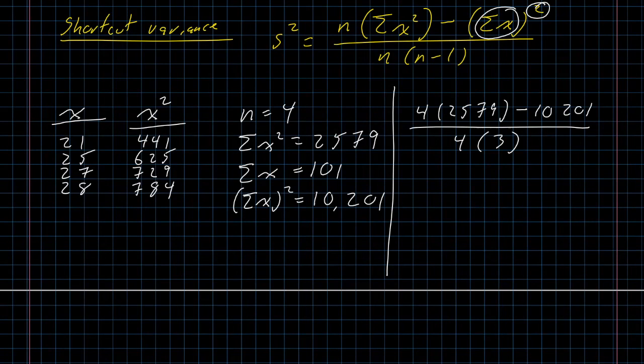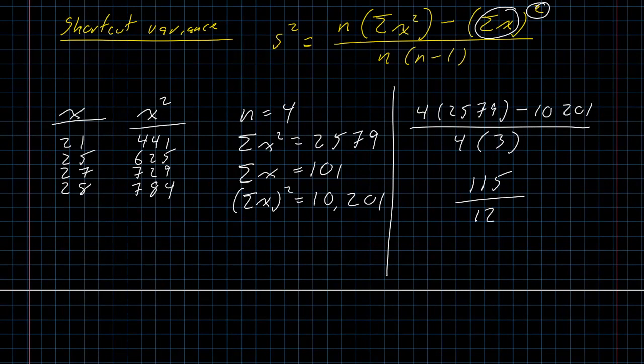If you are comfortable using your calculator, you can punch this whole thing into the calculator in one go. In order to avoid mistakes, I'm going to do this in 2 steps. In the numerator, 4 times 2,579 minus 10,201 comes out at 115. In the denominator, 4 times 3 is 12.